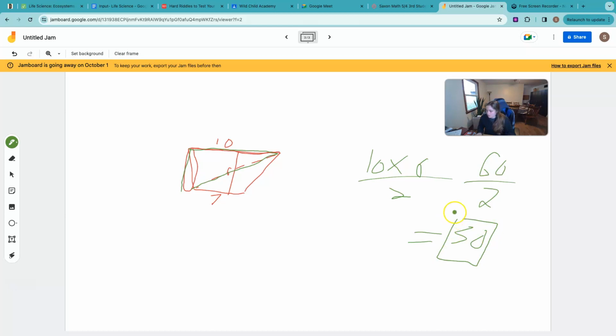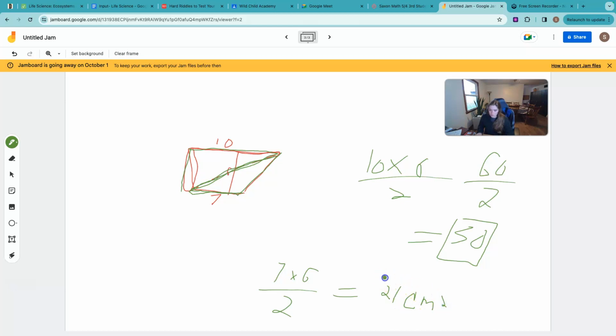Now, what's the area of the other triangle? So we have 7 here. Seven times 6 divided by 2 would equal 21, because 42 divided by 2 is 21.